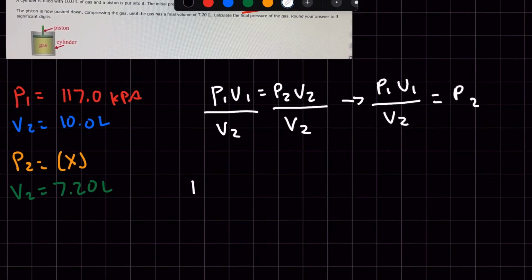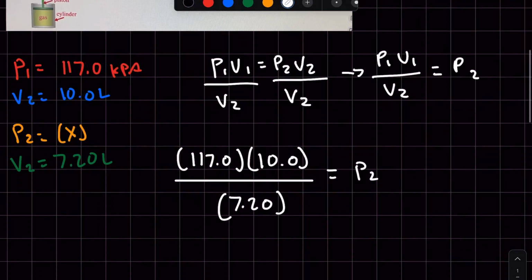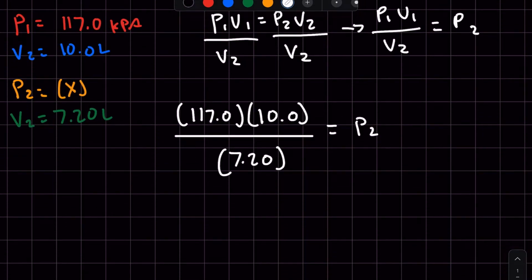So we have 117 kPa. We don't have to include units in our equation. And then we're going to times that by our V1, which is 10 liters, and that's going to go over our V2, which is 720. And then this is equal to P2. So we can go ahead and calculate that. 117 times 10, that's going to give us 1,170.